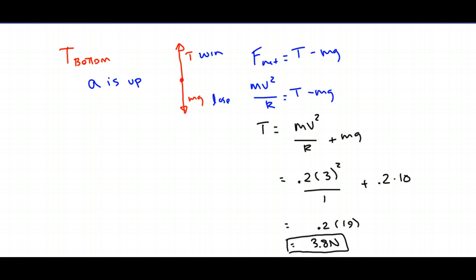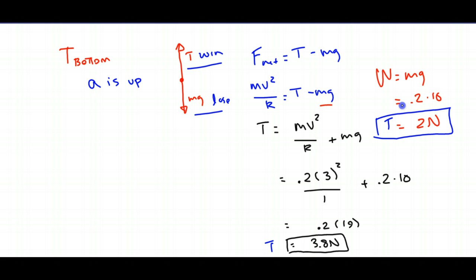And if we compare that to our weight, weight equals mg, our weight is 0.2 times 10, so our weight is 2 newtons. We said that the tension force has to win and our weight force has to lose. Well, tension force is 3.8 newtons and our weight force is 2 newtons. Sorry, this is weight, not tension. We can see then that our tension force does in fact win.